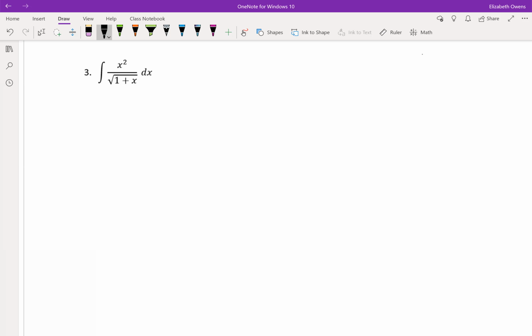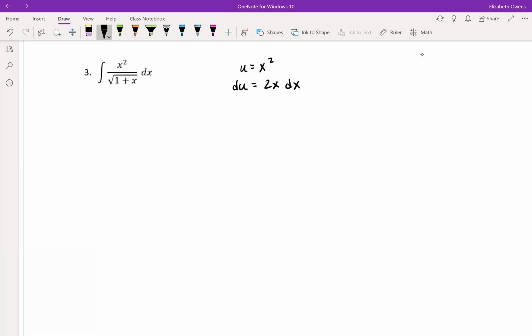And there's a couple places you might start here, seeing how we have an x squared and an x. That's tempting for a lot of folks because they see the x squared and they're like, oh, well, if u is x squared, then du would be 2x dx.